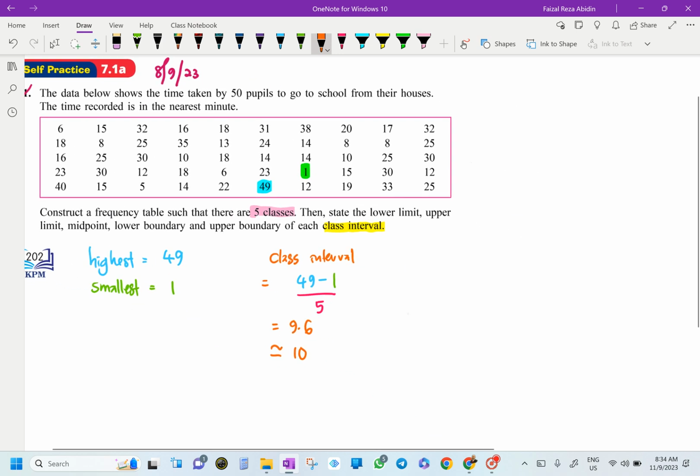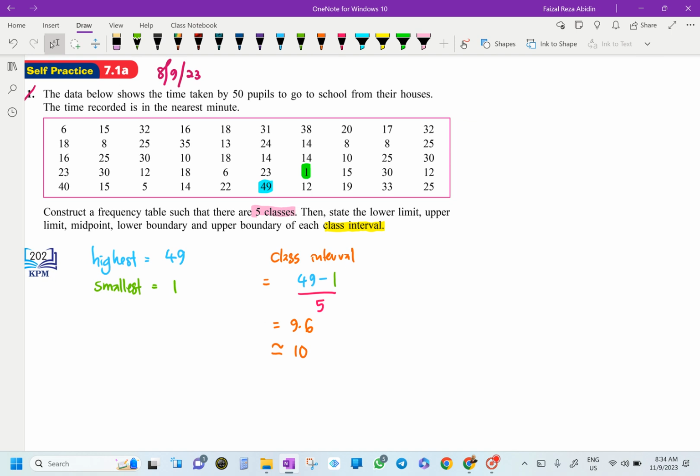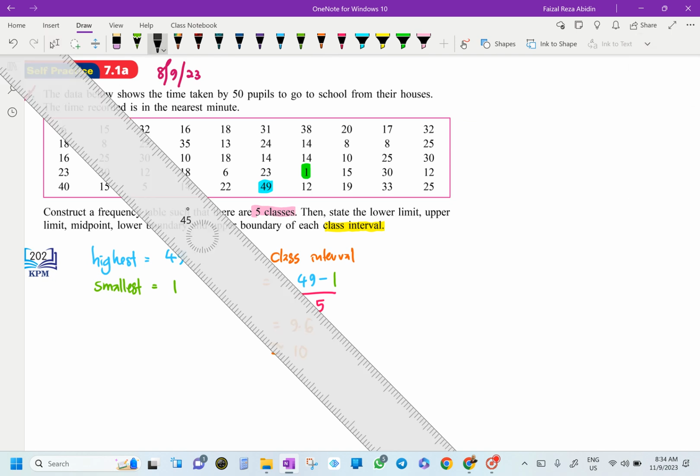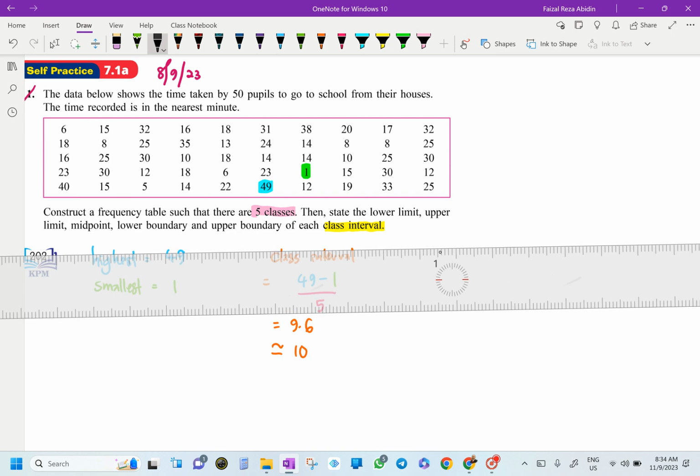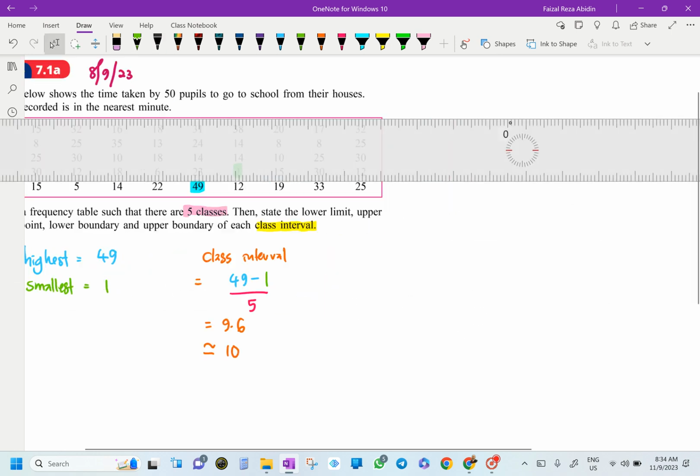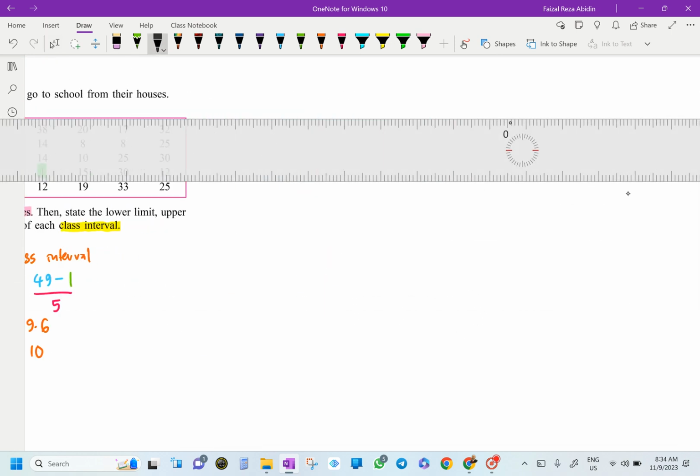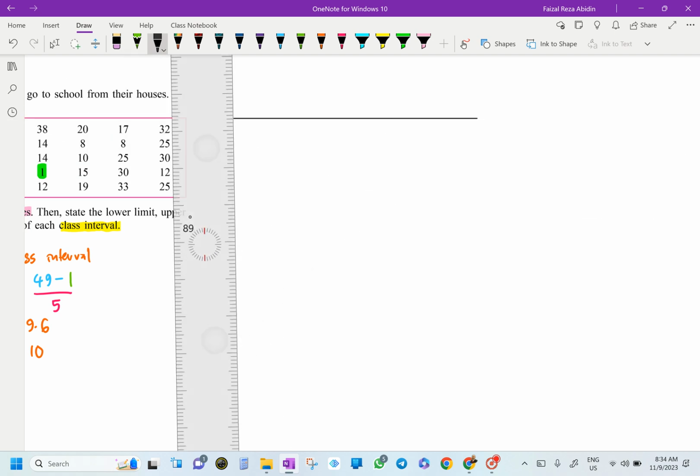So what I'm going to do here, we are going to construct our frequency table. Okay, I'm going to construct over here.